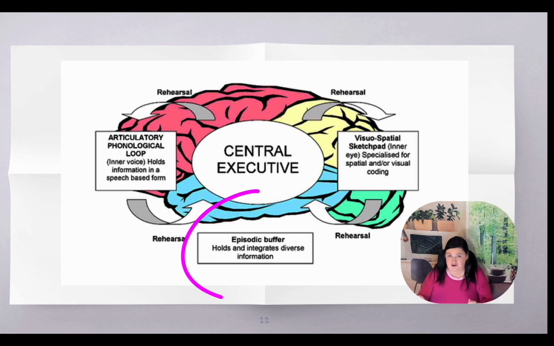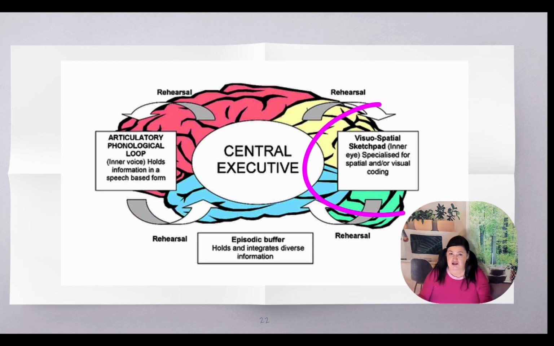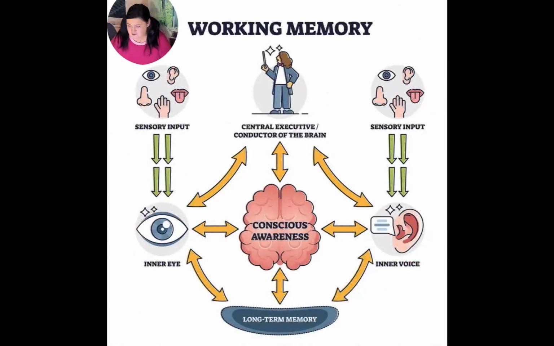Our episodic buffer, like our cognitive maps, our phonological loop, our hearing of our inner voice, and 3, our visuospatial sketchpad, seeing that math problem hanging in the air. Okay, here's another one that you might prefer to look at. It's basically showing the same exact thing, that all these things are coming back and forth between each other, happening at the same time.